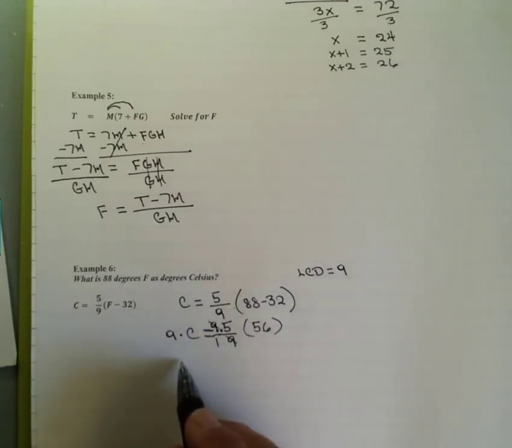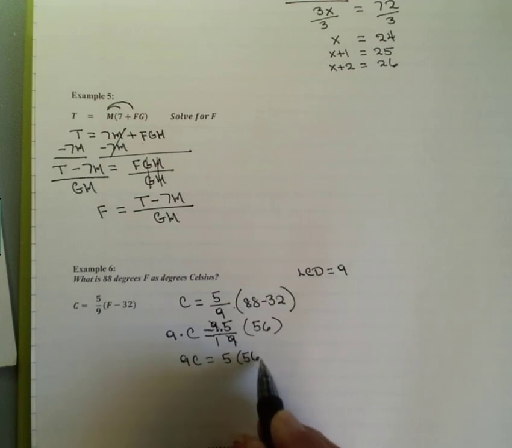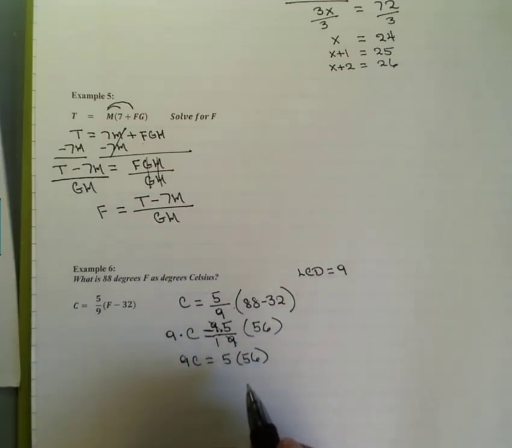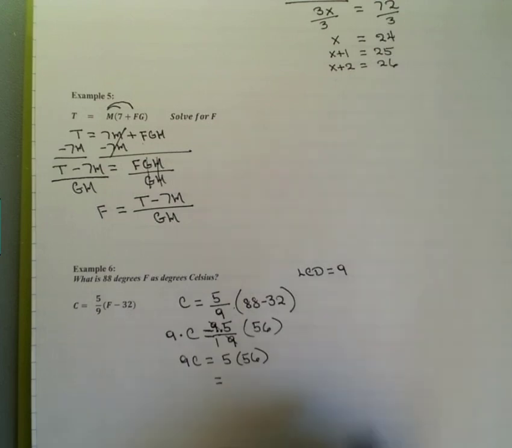I go over here and I say this is 9c is equal to, what is it? Well, it's equal to 5 times 56. And I can plug that into my calculator and say, what's 5 times 56, okay? Well, 5 times 56 is going to give me 280, I think. See if I did that right. Check me out, okay?